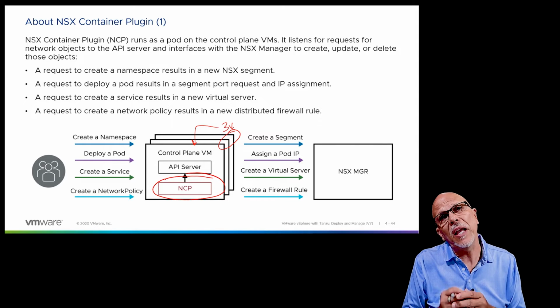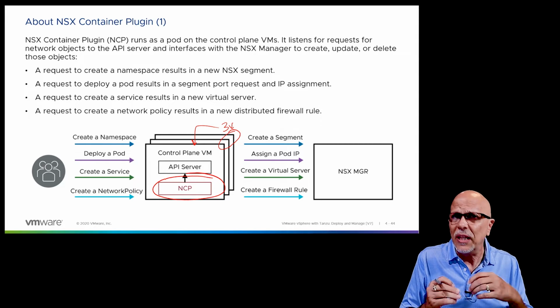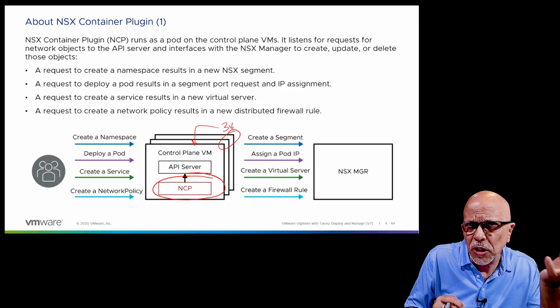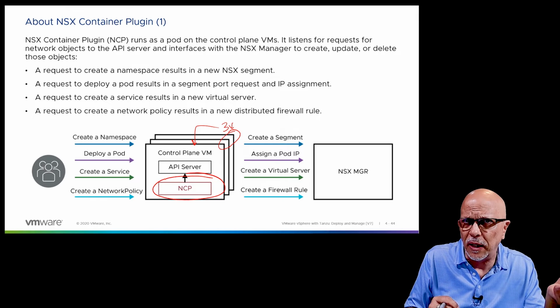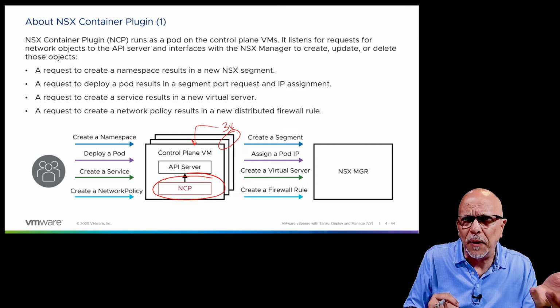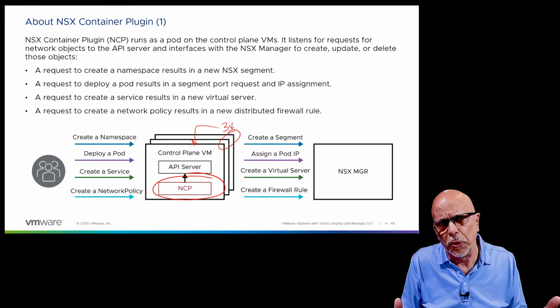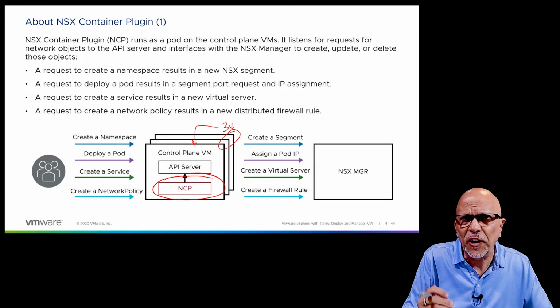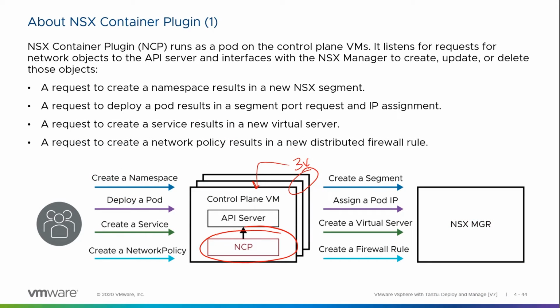And what the NCP is doing is listening for certain types of objects or primitives that are being created by the users of the Kubernetes clusters. The specific ones that we're calling out to you is if somebody created a namespace, or they deployed a pod, or they created a service like a load balancer or an ingress controller, or they created or applied a network policy.